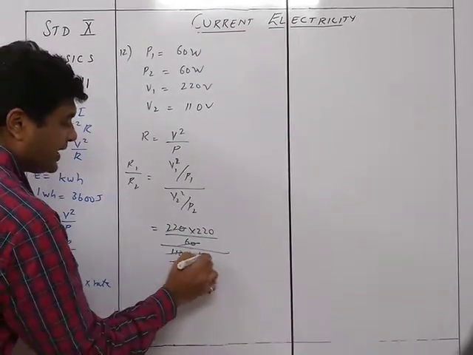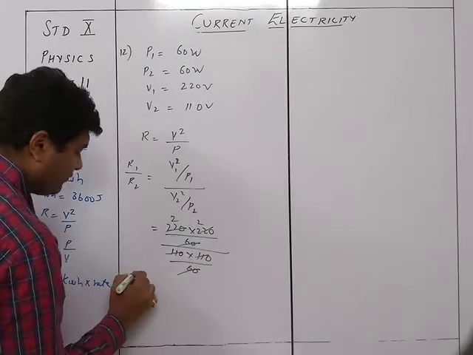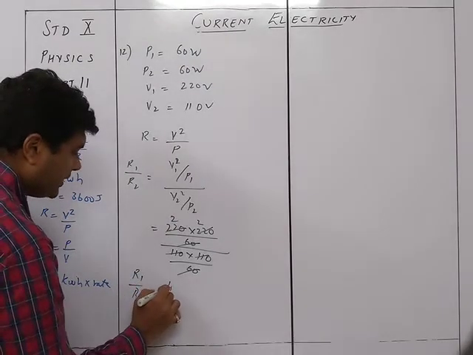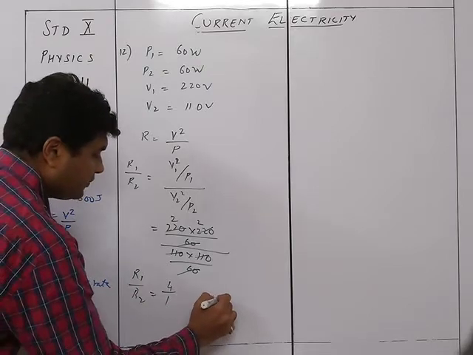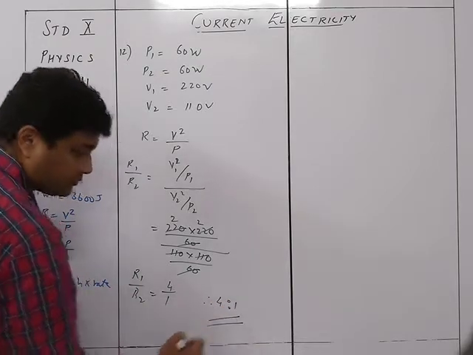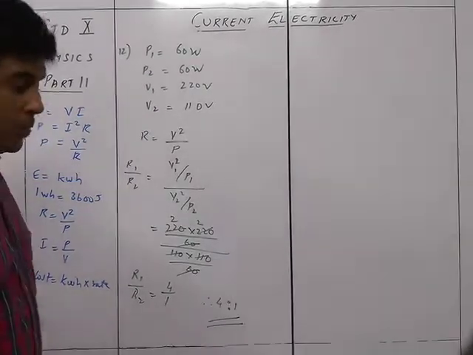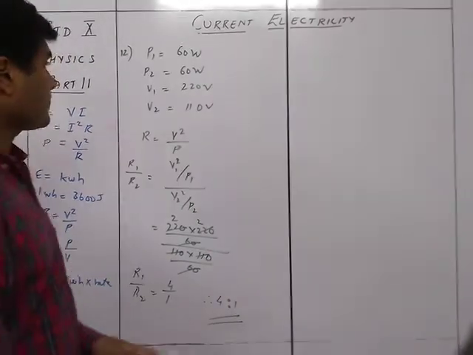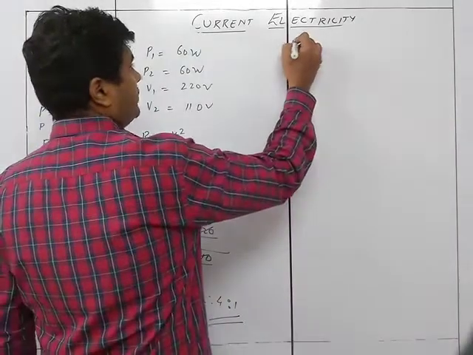The 60 cancels, and the rest cancels by 2 also. Therefore R1 upon R2 will be equal to 4 upon 1, that is 4:1. The ratio will be 4:1. Simple sum. Moving on to sum number 13.